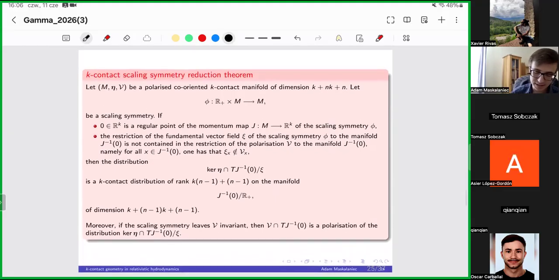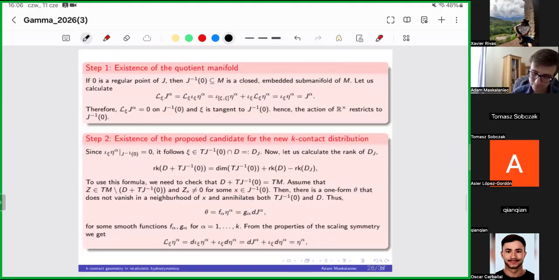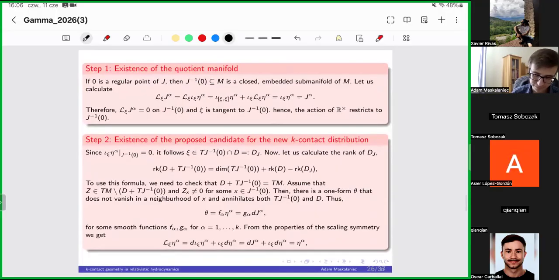And this is our reduction theorem. So how do I prove this theorem? At first, I need to verify that our action restricts to this level set. And I do it by calculating the Lie derivative of our momentum map.